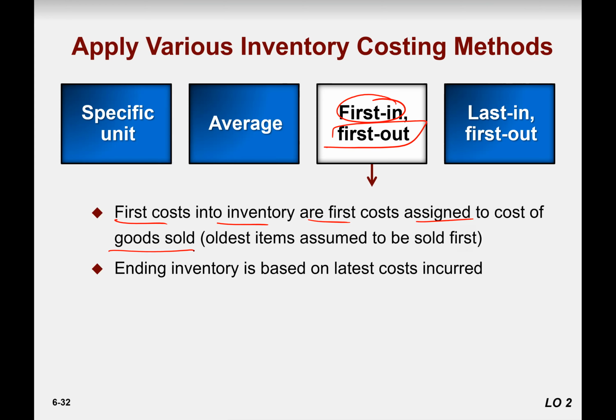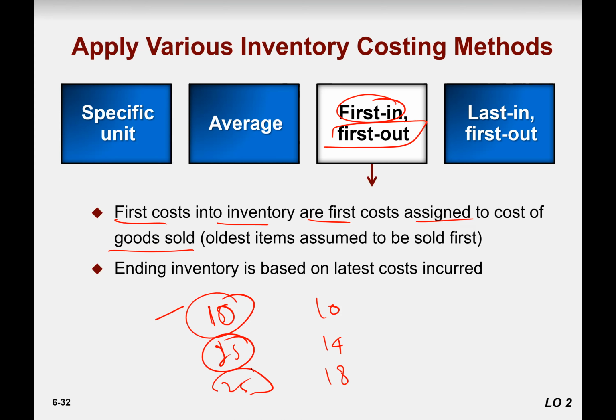That doesn't mean that we are counting physically. For example, the 10 units we purchase at 10, 25 units we purchase at 14, and 25 at 18. That doesn't mean that these units will be sold first.